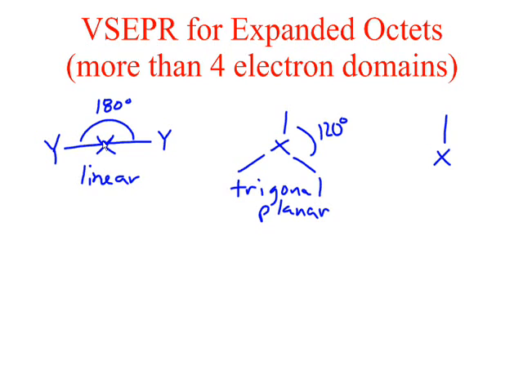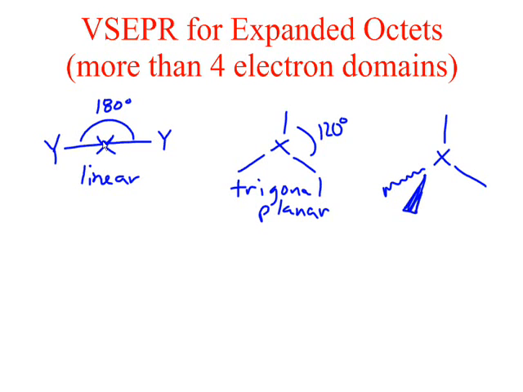With our wedge-dash diagram, we would draw 2 positions in the plane of the paper, one position going back into the paper and one coming out. You can imagine a triangular base of a pyramid with one sticking up out of the top.